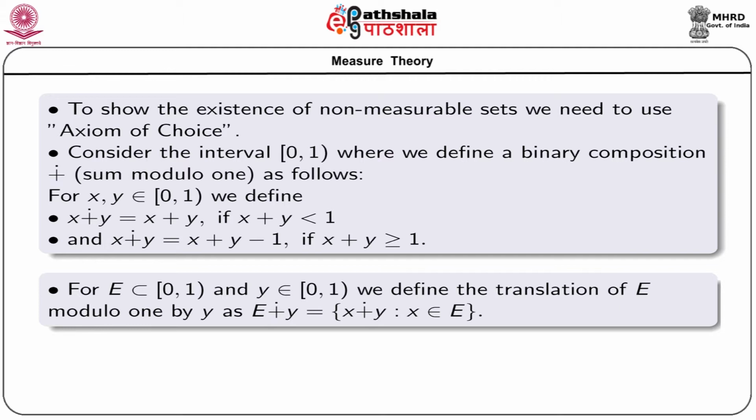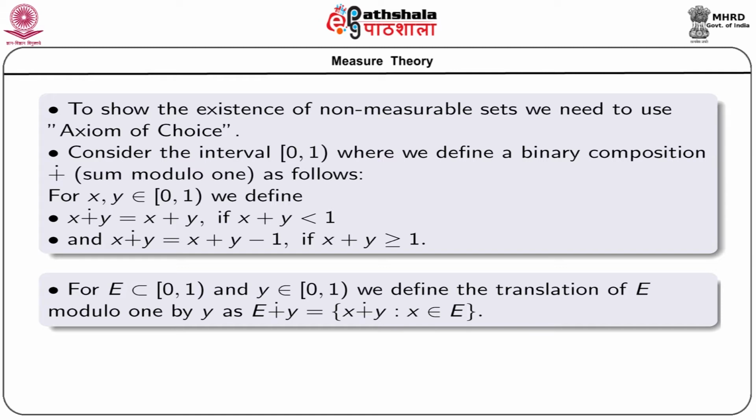So, what we actually do is that, see, [0,1) is not closed under the general addition operation, but if we consider the sum modulo 1, then [0,1) is closed under this operation, because whenever the sum exceeds 1 or is equal to 1, we subtract the number 1 from the sum, so that x plus-dot y again belongs to [0,1).